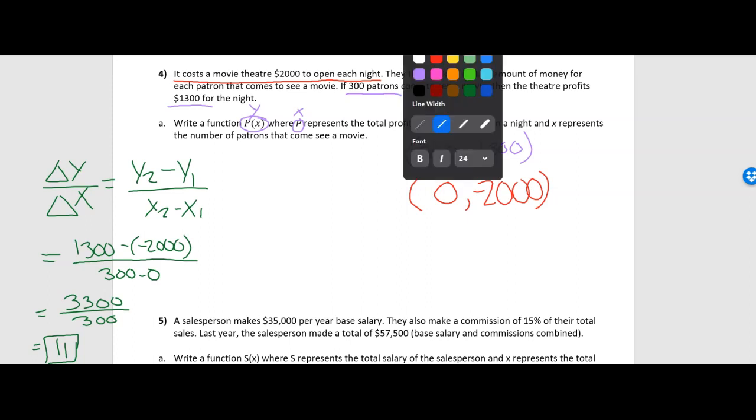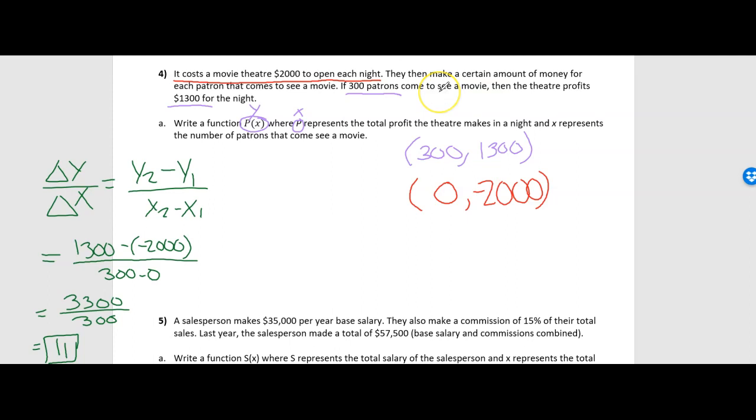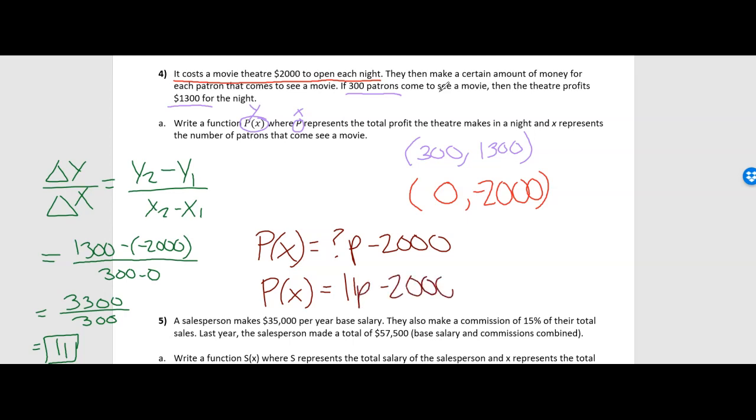So now we could write our function. And you could either think back to what we had before, right? We had P of X is equal to the question mark, which was our slope, times P minus 2,000. So we know what our slope is now, right? We know that's 11. So we get 11p minus 2,000.